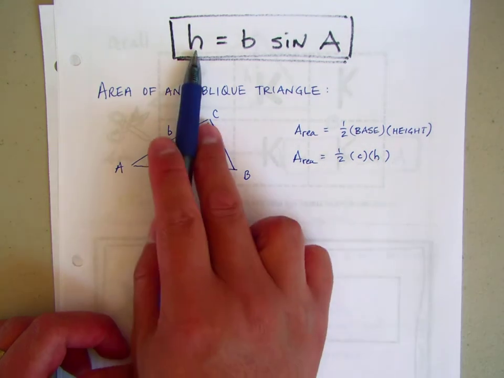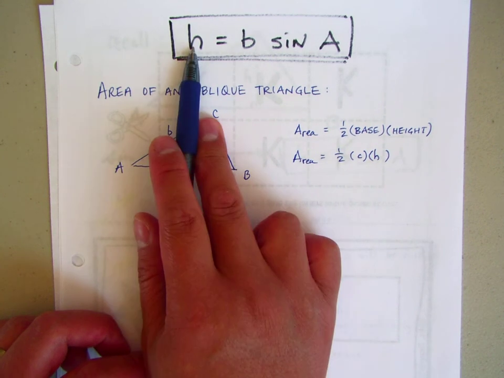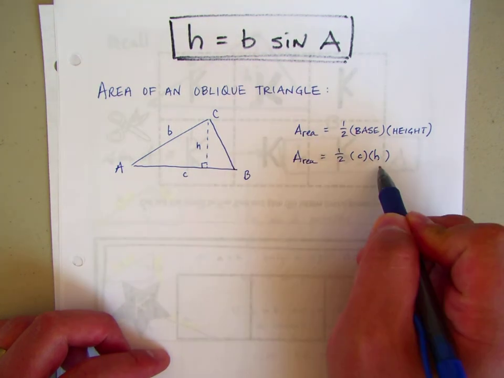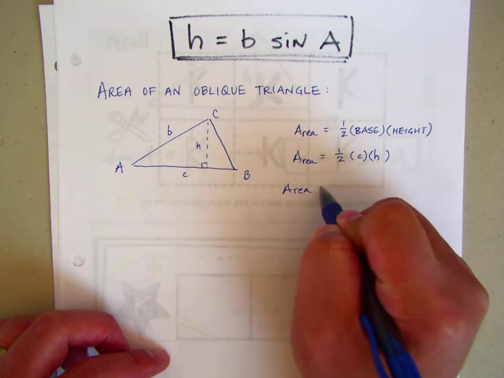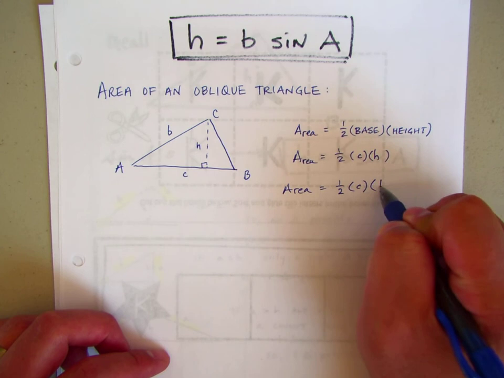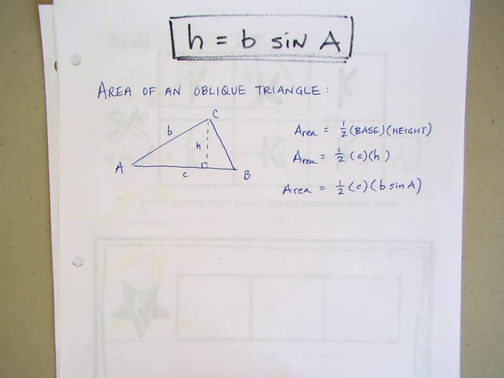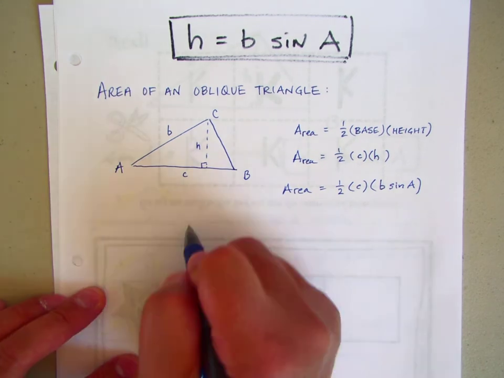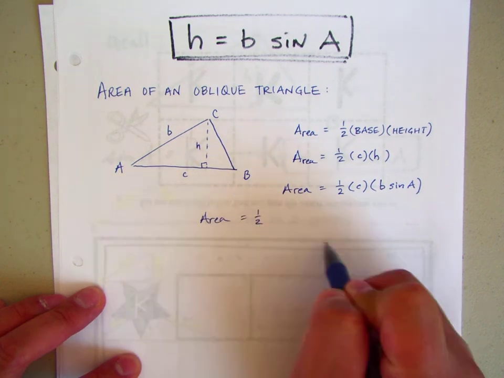As long as we understand the relationship, H can actually be found by doing B sine A, so I'm going to replace H with B sine A. So when I replace H with B sine A, I have 1/2 times C times B sine A. That's specifically the area of this triangle here. If I clean that up, I have the area equals 1/2 BC sine of A.